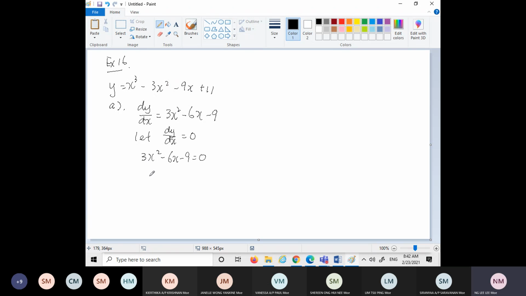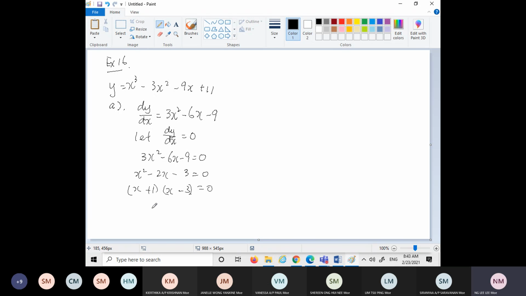Then next, you can divide by 3 every term. After that, factorize. Minus 3 plus 1, negative 2.